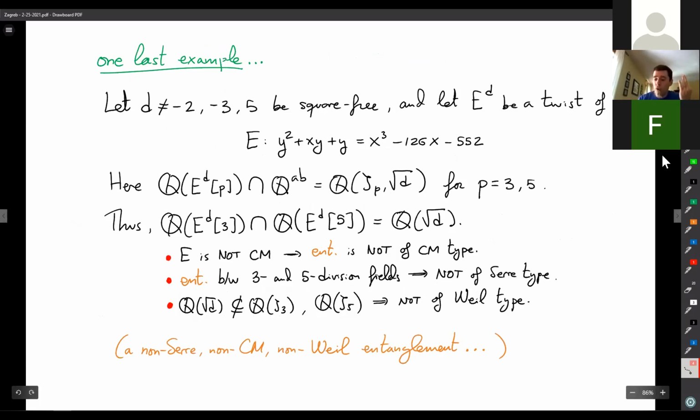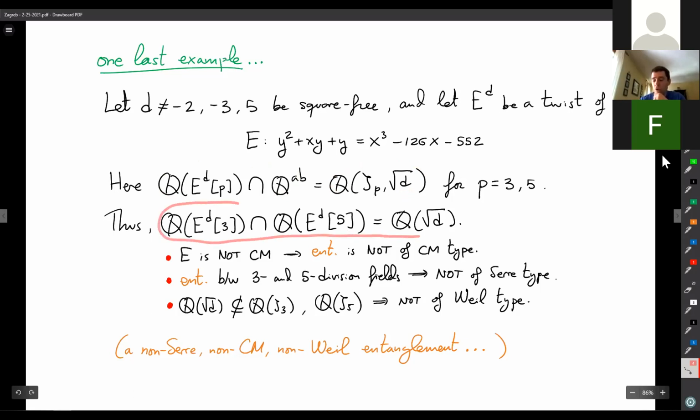So if you look at the twists of this particular elliptic curve, it turns out that for p equals 3 and 5, because this elliptic curve has a 15 isogeny, it turns out that the abelian intersection of the p division fields is in both cases just the pth root of unity and a square root of d.